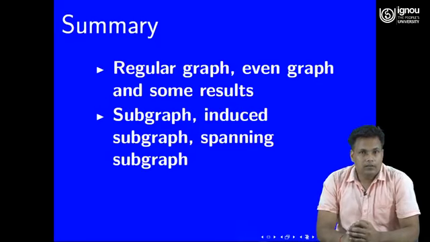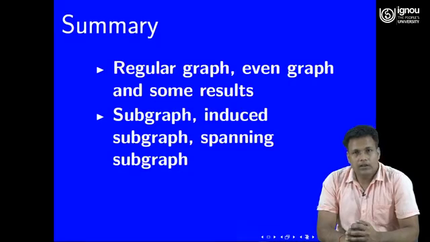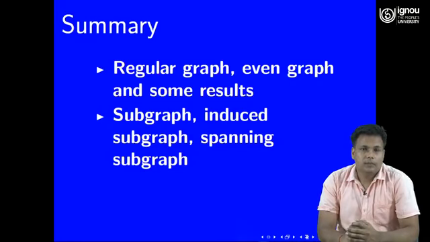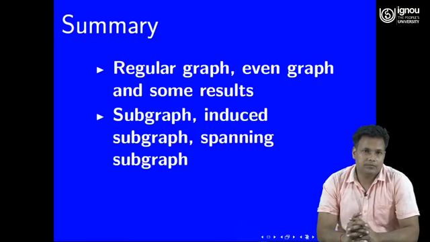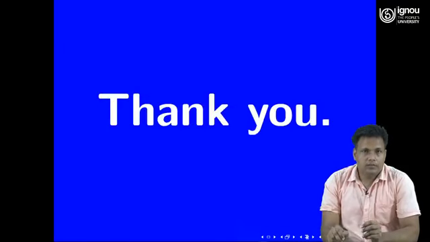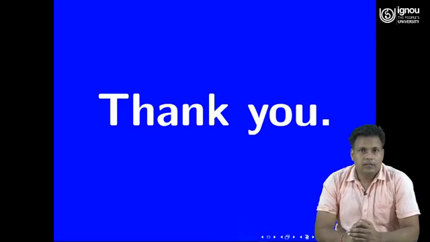We have defined the concepts of regular graphs, even graphs, and some results related to them, for example, under what conditions a regular graph has a given number of edges, and what are subgraphs, induced subgraphs and spanning subgraphs. So with this we end the session here.